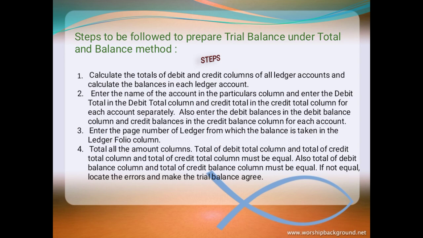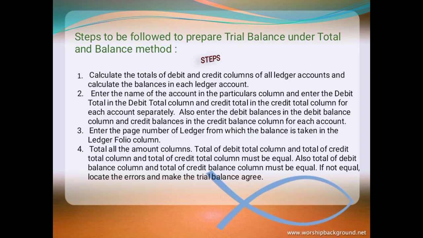Then also, since there are 7 columns, there is a column of debit balance and a column of credit balance. So we will write the balances from that particular account in the debit balance column and in the credit balance column. The third step is to enter the page number of the ledger from which the balance has been taken in the ledger folio column.